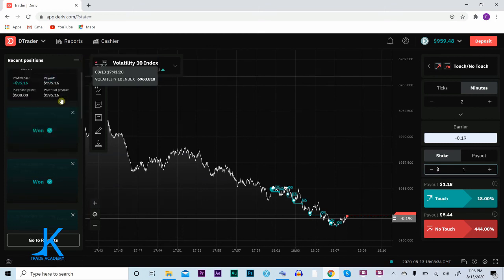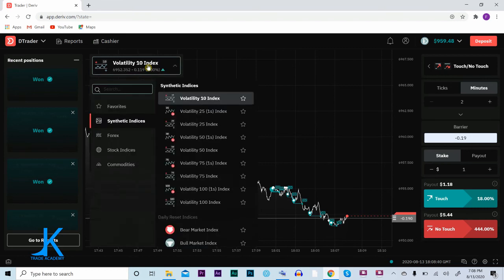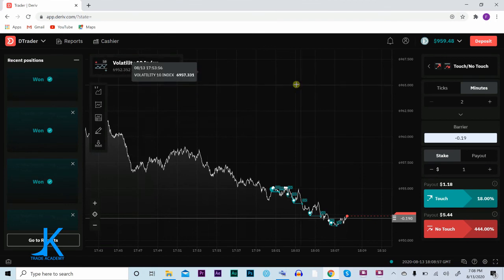So let's recap again. We set our trade to volatility. You click here to set volatility index, synthetic index, not forex, not stock index, not commodity, synthetic index. Then you look for 10 volatility index. You click it, it goes here.